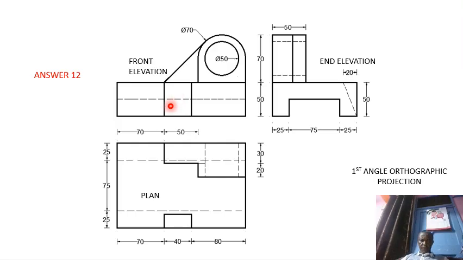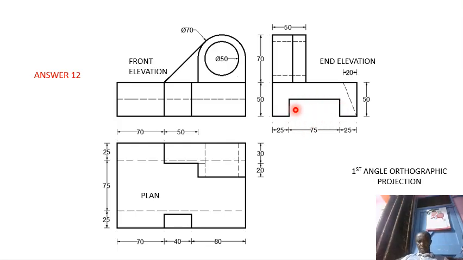Then we also have some kind of notch here that is sloped. Looking at it from the side, you see that it is sloped at 20 by 50. So this slope here, and this is 50. Then what else can we see? We can still see this notch over here.